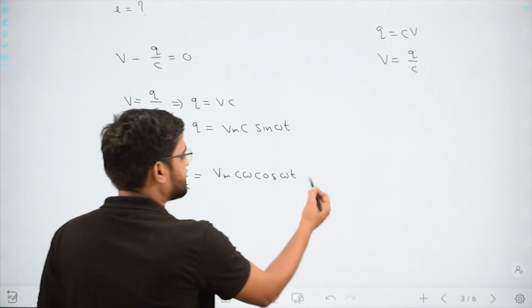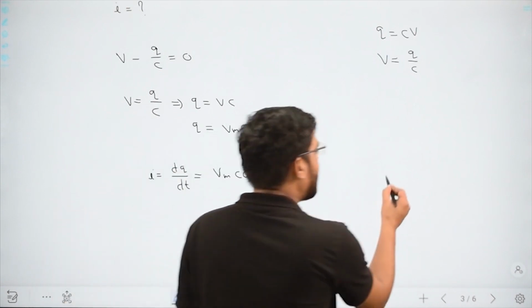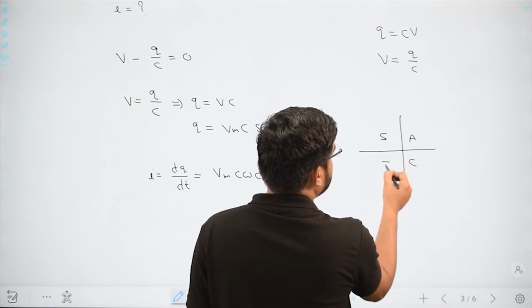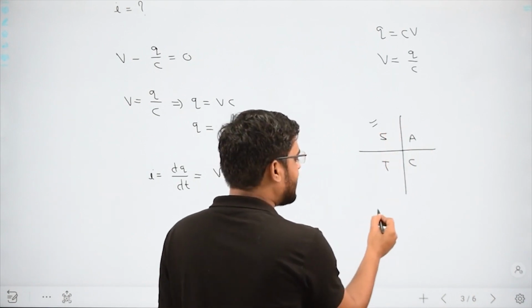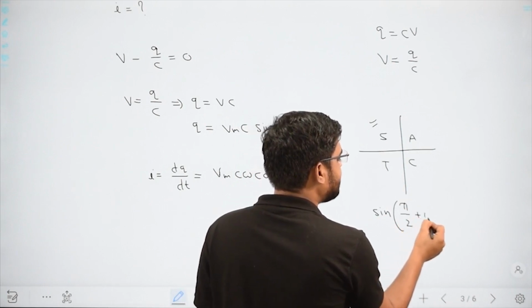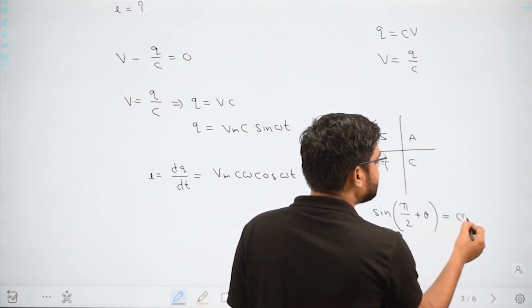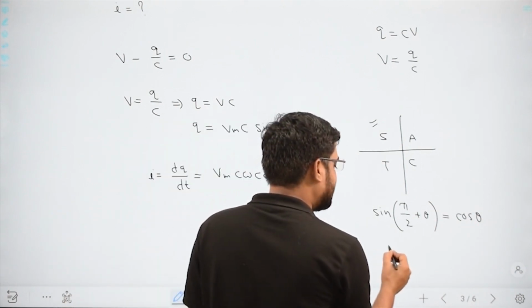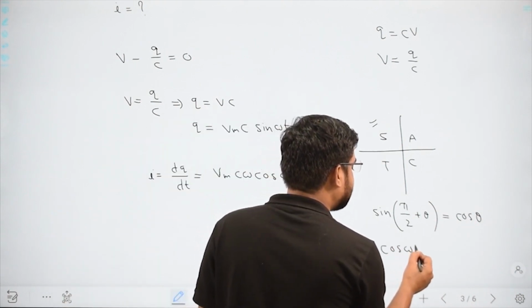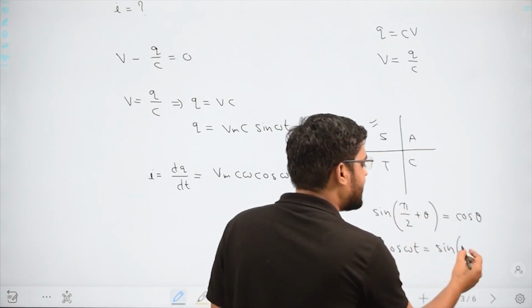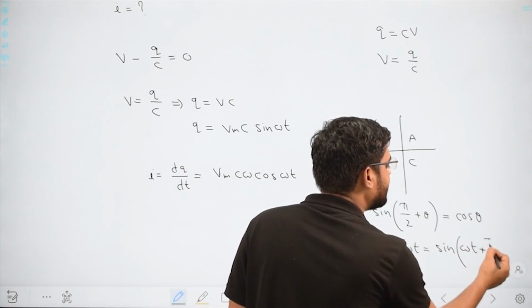First thing, this is cos. So again I am going to use this. Here the sign is positive, so I know that sine of pi by 2 plus theta gives me positive cos theta. So I'll be writing that cos omega t can alternatively be written as sine of theta plus pi by 2, or omega t plus pi by 2.